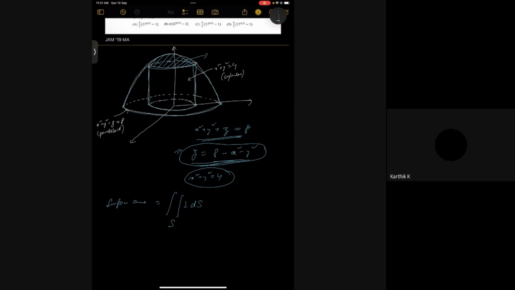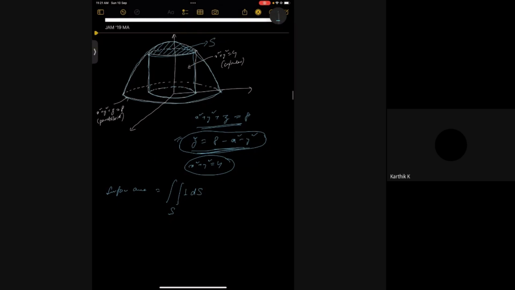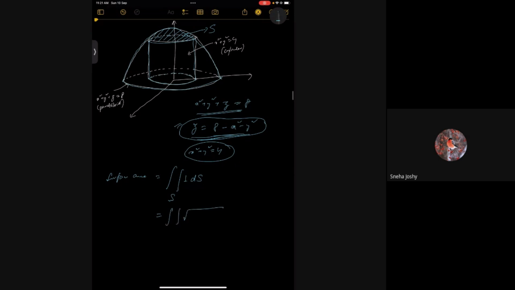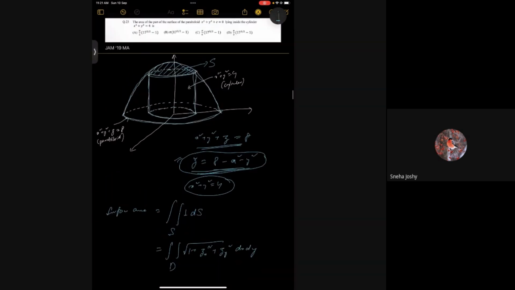This is our S. So that is nothing but the integral of the square root of 1 plus z_x squared plus z_y squared dx dy over D. Now D is nothing but the projection of this surface on the xy plane. Because we have a cylinder, the projection is easily this one, right? This is very easy to check. So this is our D.